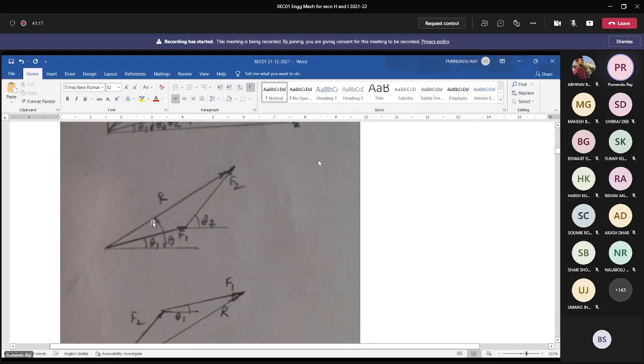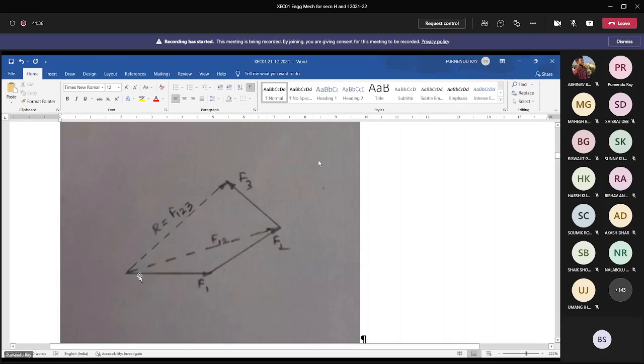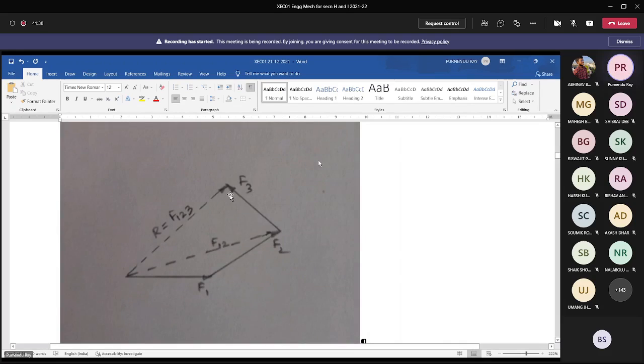For this case, it is a triangle. So first line, second line, and third line for equilibrium, it is a closed triangle, and the basic geometrical rules you have to satisfy. Then we can extend all these things for more than two forces, for equilibrium of three forces, etc.